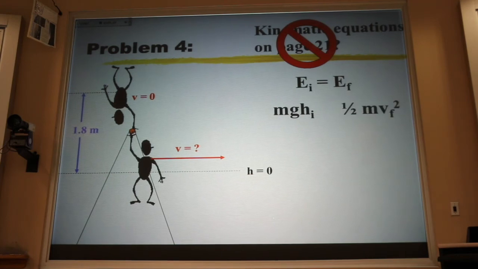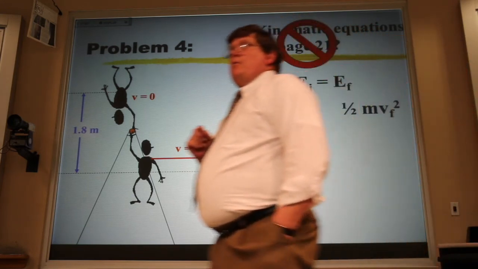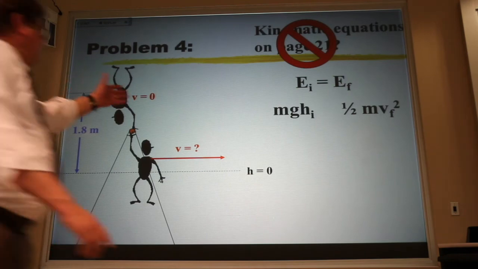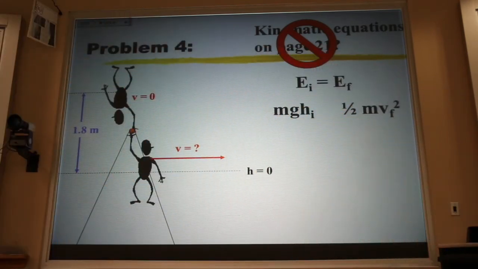Now, you'll notice in this problem, if you've read it, that we don't give the mass of the gymnast. And this frustrates some people. Well, how do I find the kinetic energy without the mass? How do I find the potential energy without the mass? Well, the key is, when I set those two equal to each other, both sides have mass in them, and I can cancel out the mass.